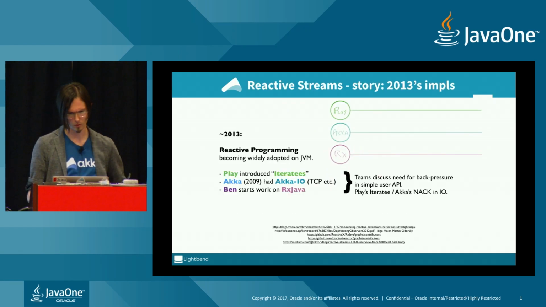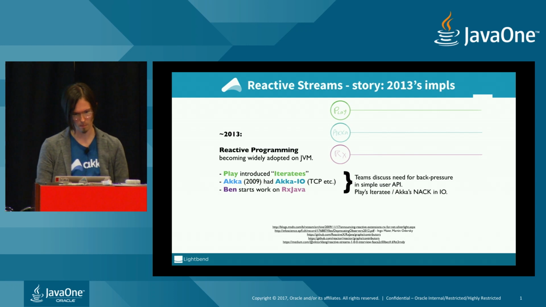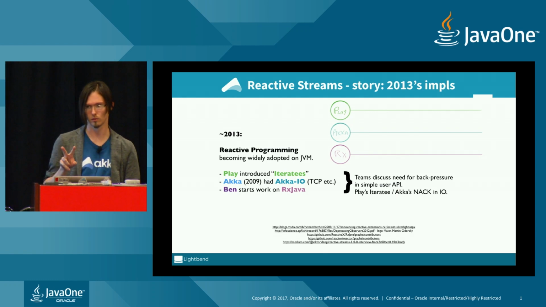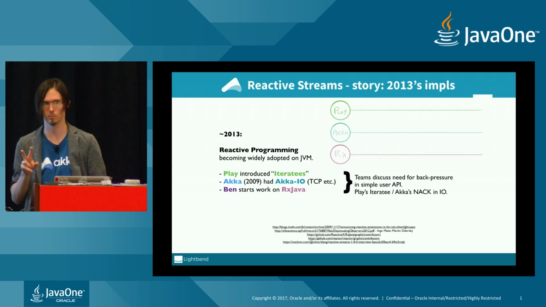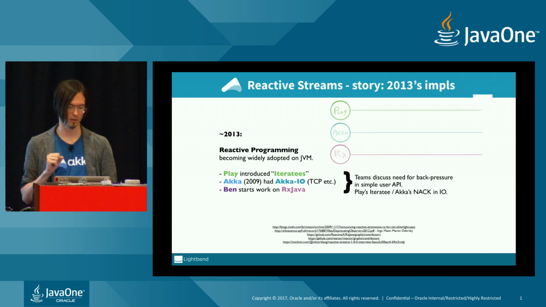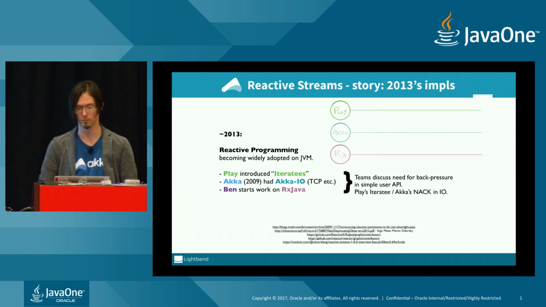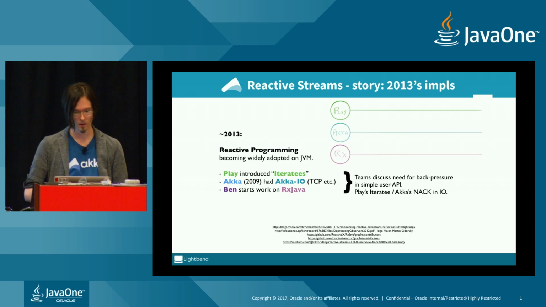I think I'll fast forward a bit through the history here. But like I said, in 2013, we had kind of three parts to it. The Play framework had introduced a back-pressured API called the iteratees. Back then you were thinking, okay, maybe that's going to solve it. Practically speaking, it was way too complex for end users to be nice to use.